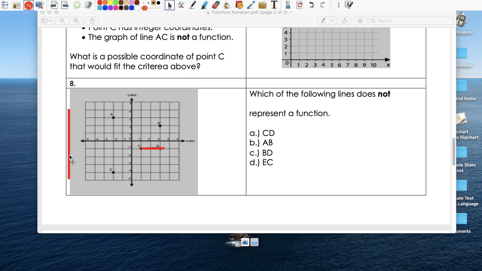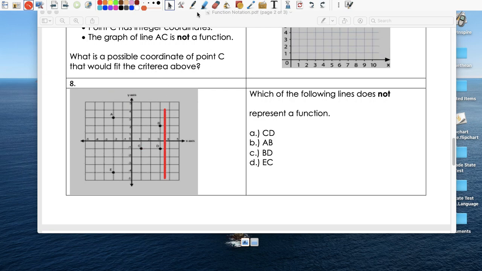Pay attention. I'm going to change the color of this line. As I move this line across, do they only meet in one point? Yes, it's one point only.